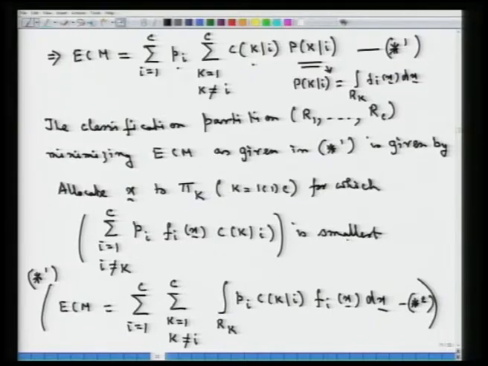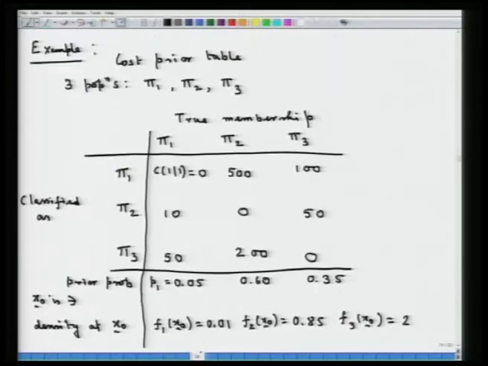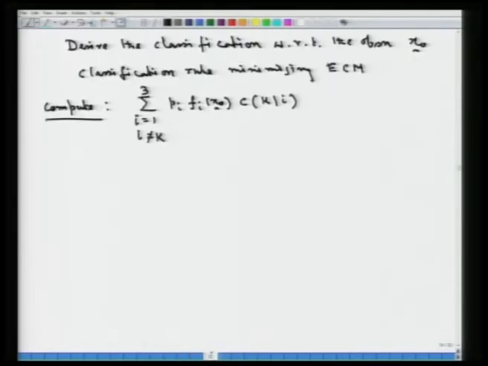So, in order to implement this rule, we need to compute this quantity for different choices of k equal to 1 up to c, and then find out which gives the minimum, and that gives the allocation corresponding to the rule minimizing the expected cost of misclassification.